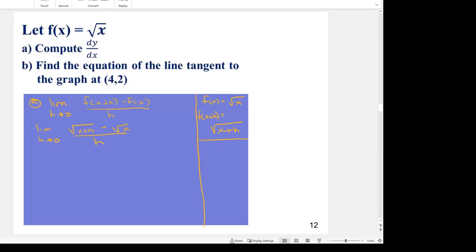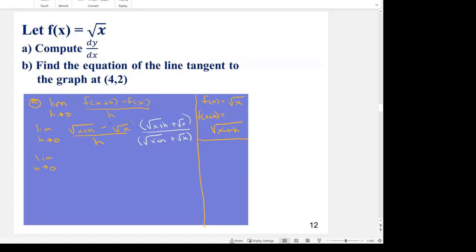Remember, we multiplied by the conjugate. So we can multiply by the square root of x plus h plus the square root of x, over the square root of x plus h plus the square root of x. I get the limit as h approaches 0.